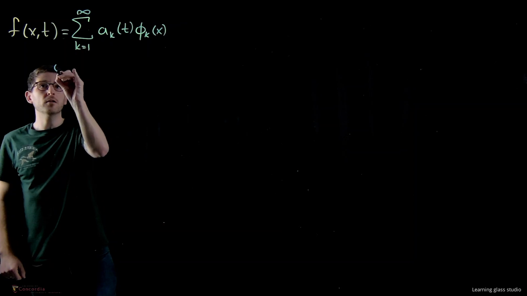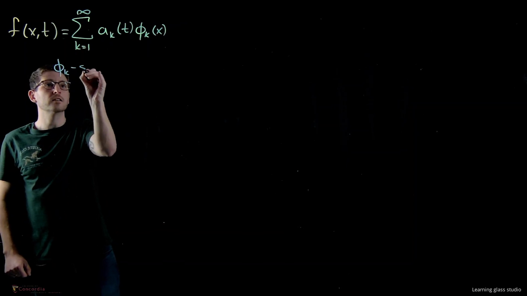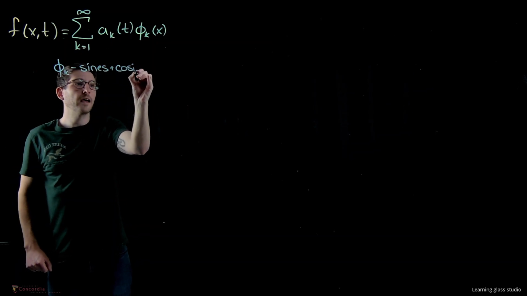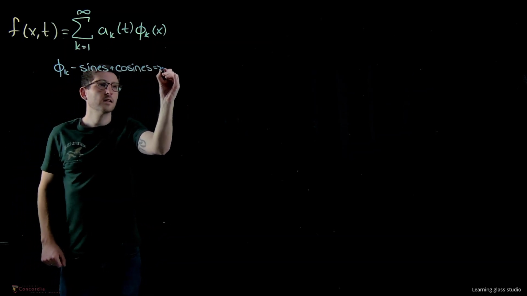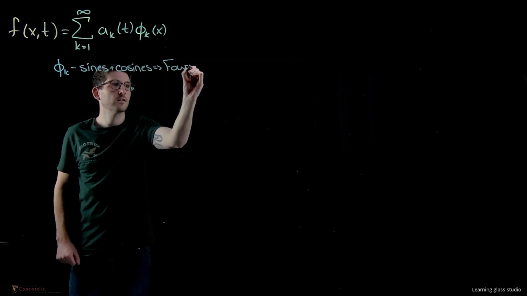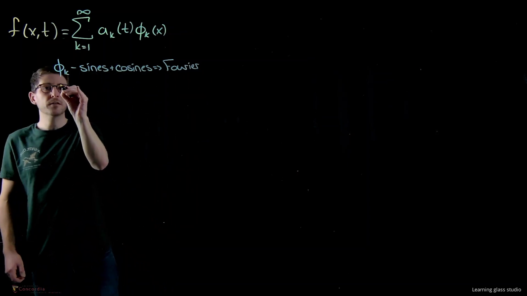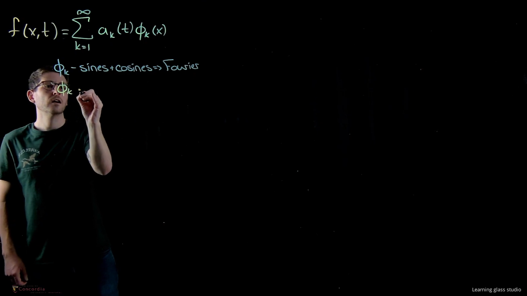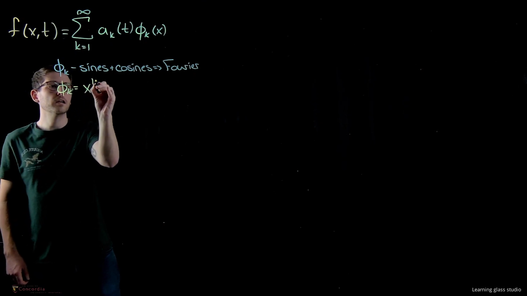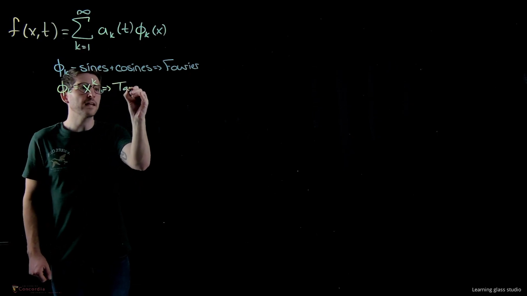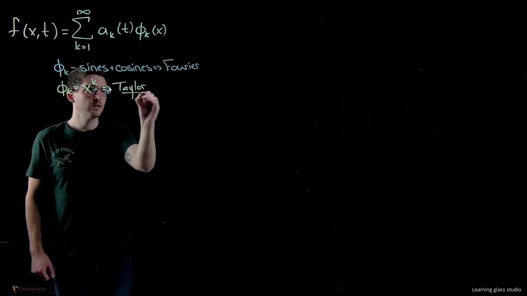So for example, if the phi k are sines and cosines, well, then we would call this a Fourier expansion, all right? Similarly, if the phi k's are monomials, x to the power of k, we would call this a Taylor expansion.